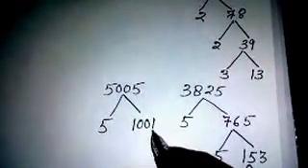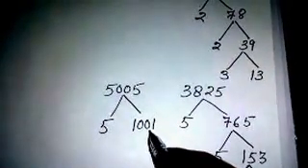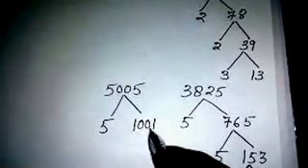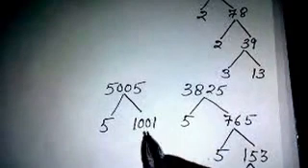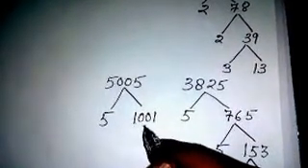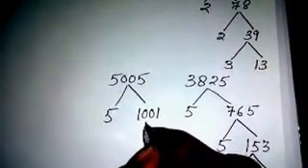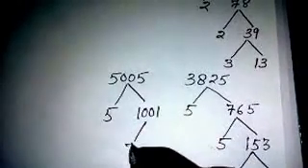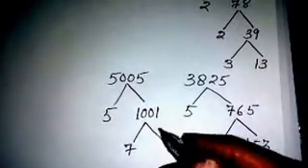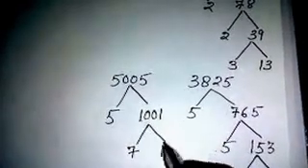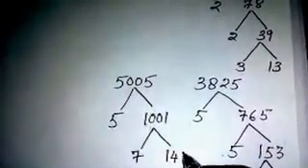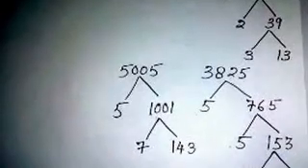Now it's not divisible by 3 because 1 plus 1 is 2. So let's try to divide it by either 7 or 11 or 13. Let's try 7. When we divide by 7, we get 7 1s are 7, 7 4s are 28, and 7 3s are 21.